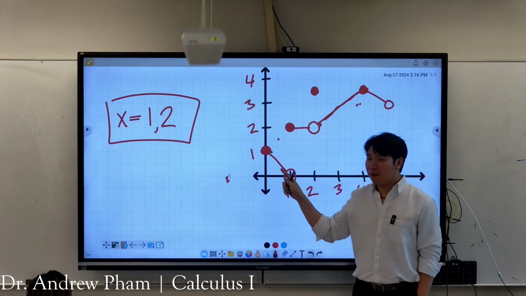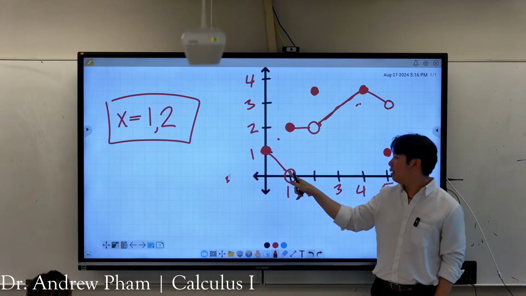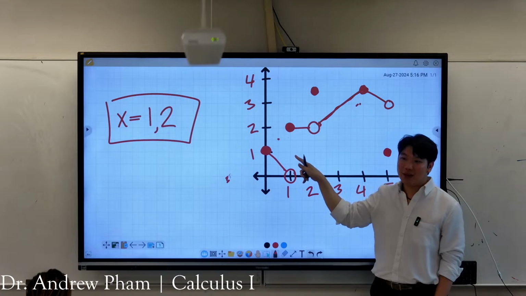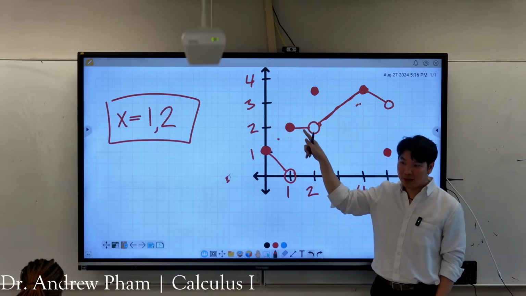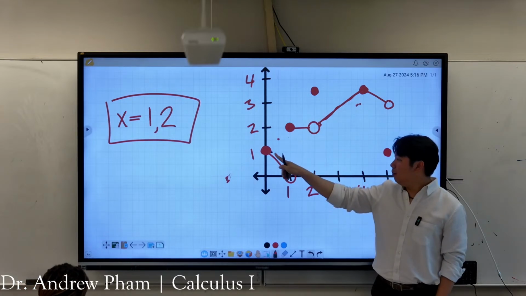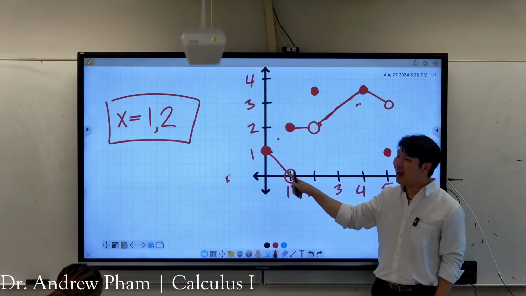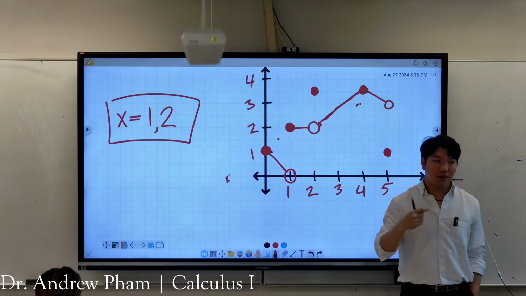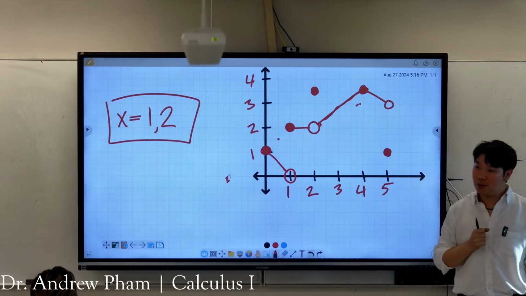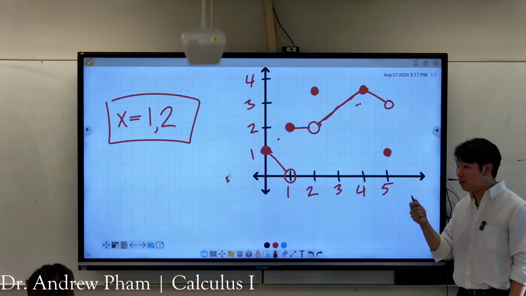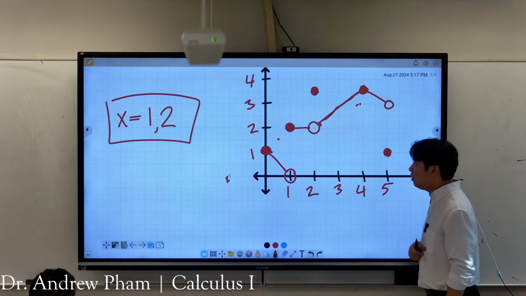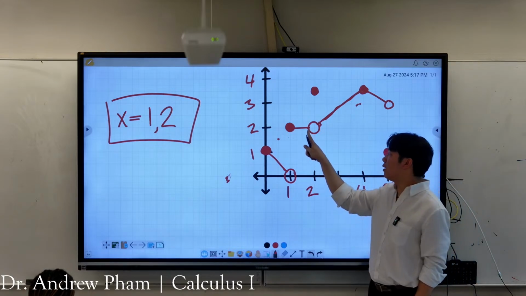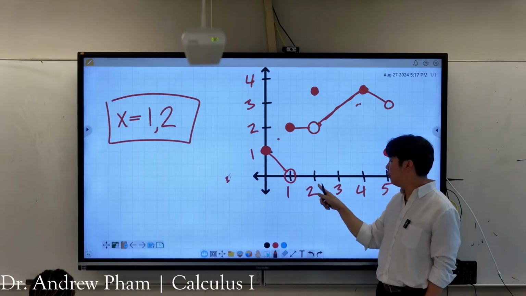I would say that for this first one, I think we can all agree that these aren't connected. I had to make a jump to go from one graph to another. So because at x equal to 1, I have to make a jump, then I'm certainly not continuous. Or you can say discontinuous, same thing. Someone re-explain to me, why am I not continuous at 2?